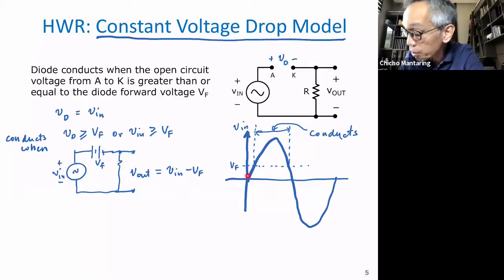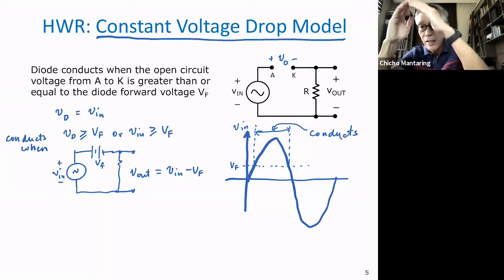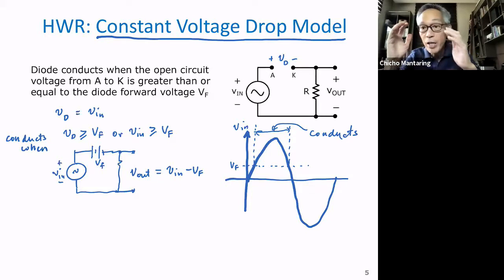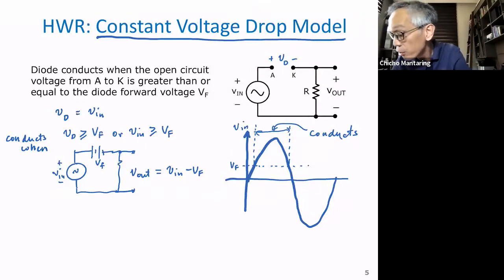Your output is this curve minus a constant equal to V sub F. So what are you actually doing? No? Yung curve natin, binababa natin by a value equal to V sub F. We're translating it downward by a value V sub F. So what does our output now look like? It's going to look like this.